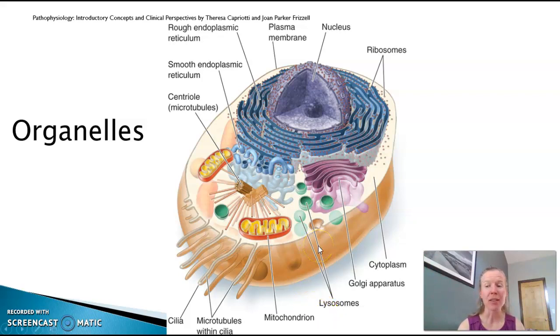Now, when a cell dies, this lysosome is actually going to spill open and lead to what's called autolysis. It's going to break down the remaining portion of the cell as all these enzymes just spill everywhere. In fact, you'll see this with heart attacks, right? In a myocardial infarction, the dead cardiac cells, those muscle cells, the lysozymes are going to digest them, and we're going to spill enzymes into the bloodstream.